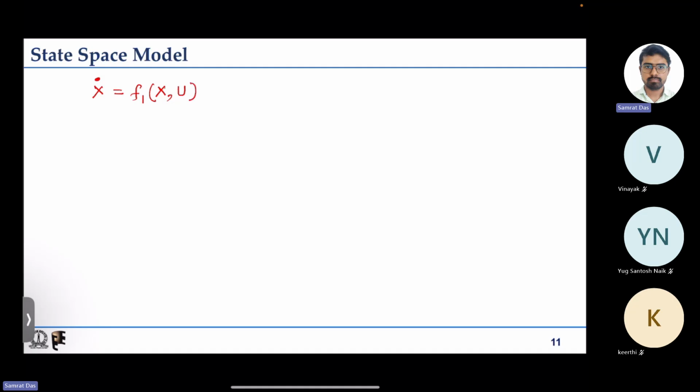So this is the first equation. X is the state variable matrix. Say if you have x1, x2, x3, some number of states, your capital X will actually be x1, x2, x3. This is a column matrix. Then what is U? U is the input matrix.